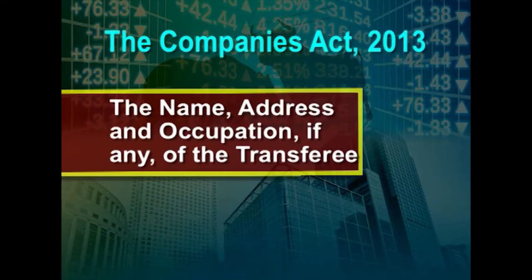The instrument of transfer must be executed both by the transferor and the transferee. The instrument must specify the name, address, and occupation, if any, of the transferee. It should also comply with the requirements of the company's articles.